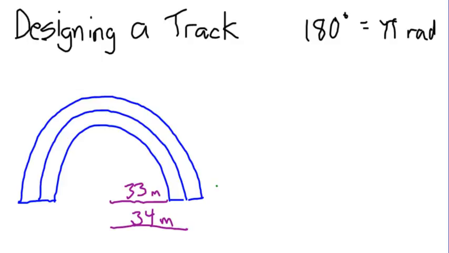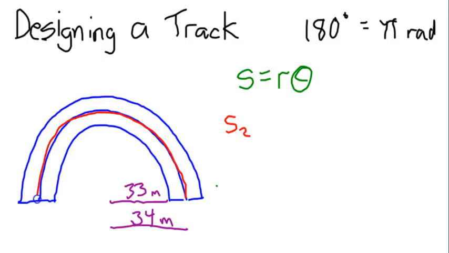Since we're dealing with radians, the formula we're going to use is S equals R times theta. Our arc length is equal to the radius times theta. Let's find S2, the arc length of lane 2.